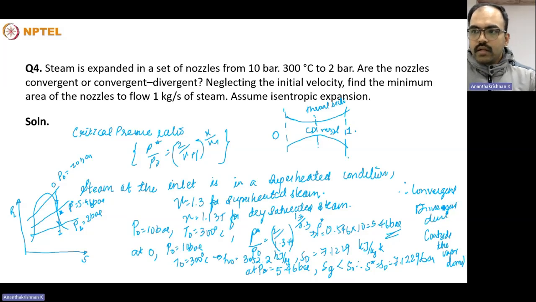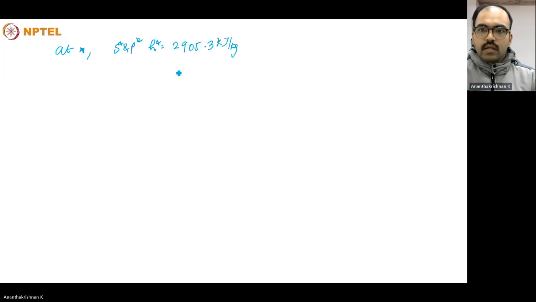Now we need to calculate the minimum area of the nozzle. For that, we have to go to the throat point at S star and P star. We get H star, the enthalpy, from the steam table, and the specific volume is equal to 0.4125 meter cube per kg.